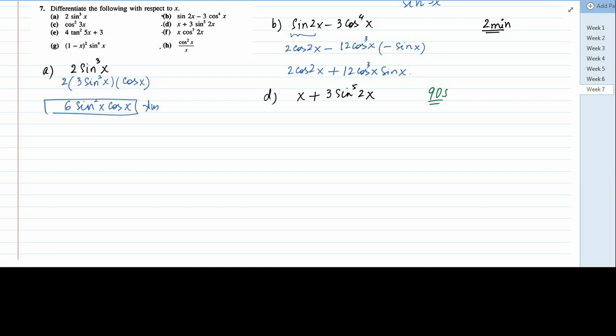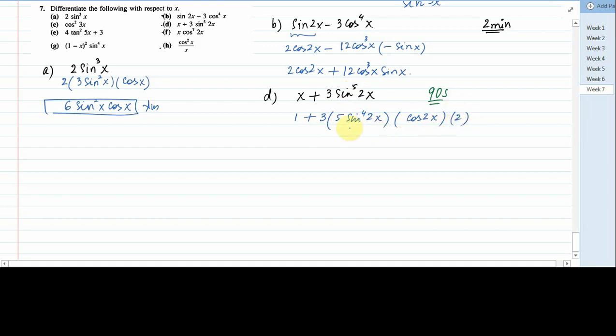Alright, so the derivative of x will be equal to 1 plus 3. First we need to differentiate the power, so that will be 5 sin⁴ 2x. Power is differentiated, right? Now we need to differentiate the function, so the derivative of sin 2x will be cos 2x, and now we need to differentiate the angle, so the derivative of the angle will be 2.